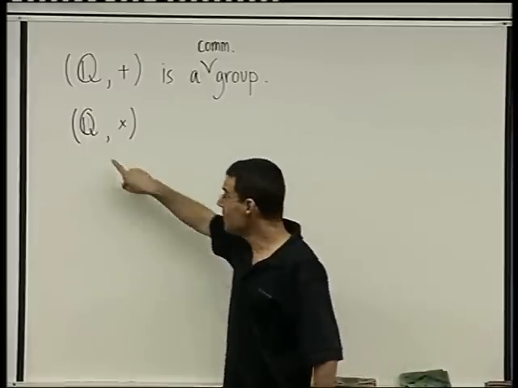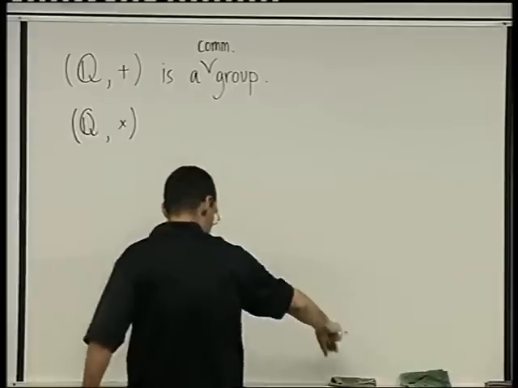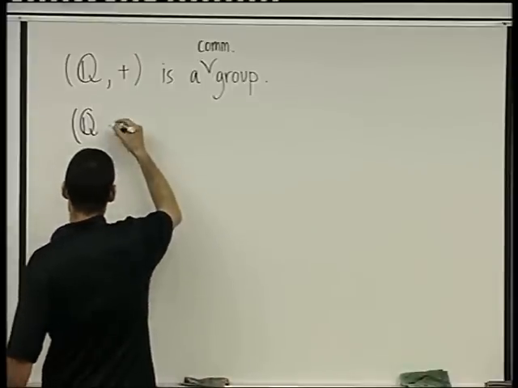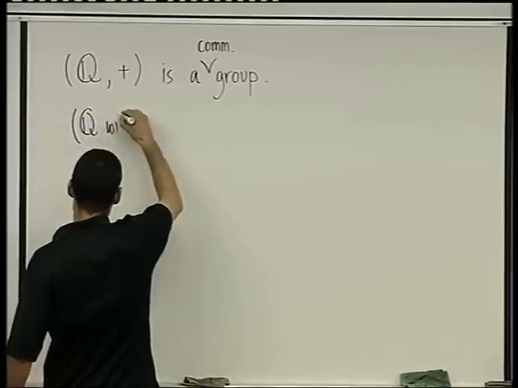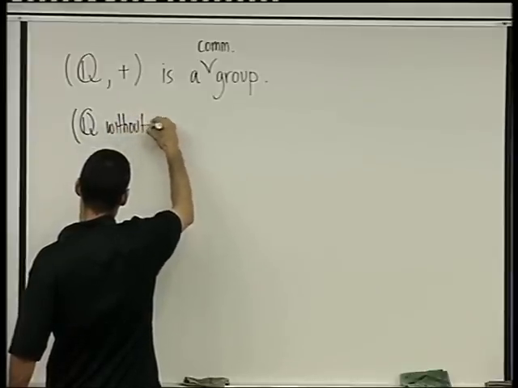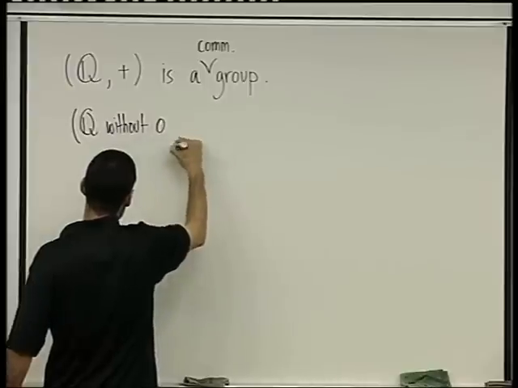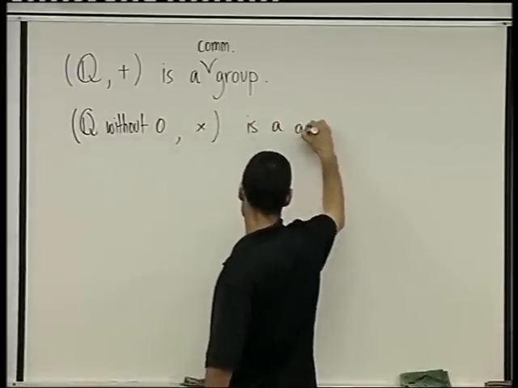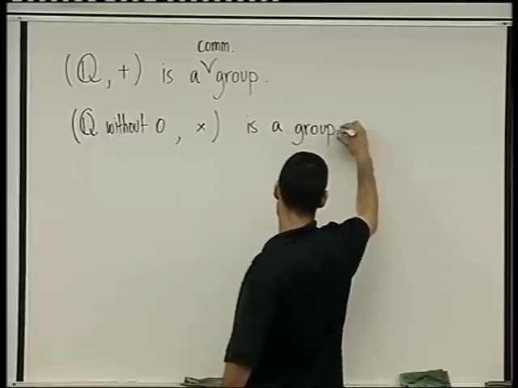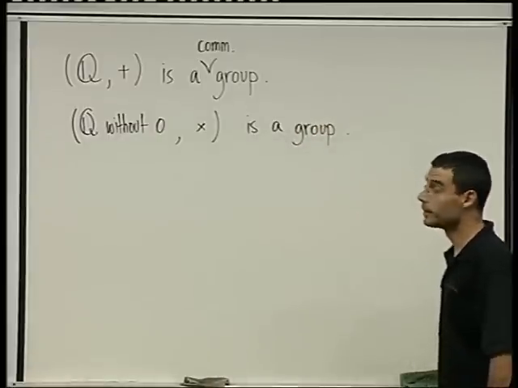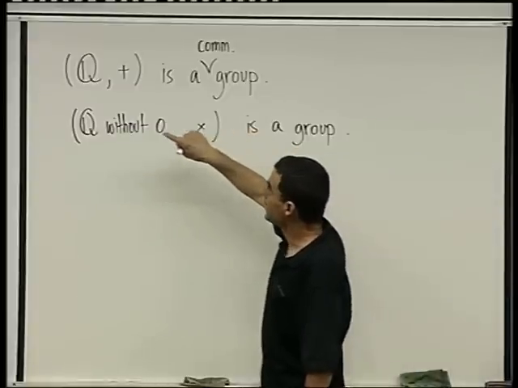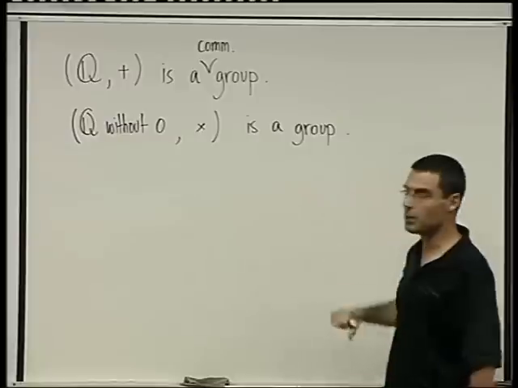So this is not a group, but if we remove 0, so Q without 0 with multiplication is also a group. Q has, in fact, two structures here.